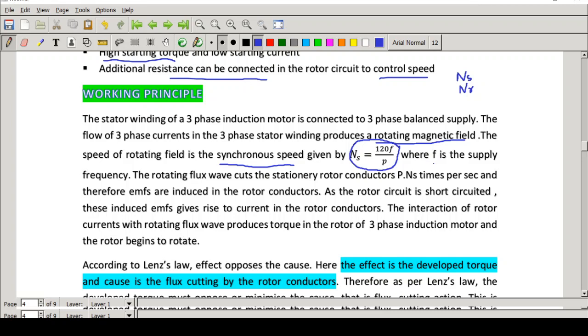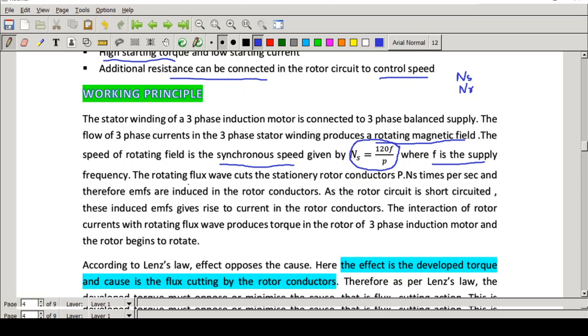What is f? f is the supply frequency of the three-phase AC which we are giving to the stator winding, and P is the number of poles. That means you can control the speed of the three-phase induction motor not only from the rotor side but also from the stator side by changing the frequency. Now initially the rotor conductors are stationary, right?